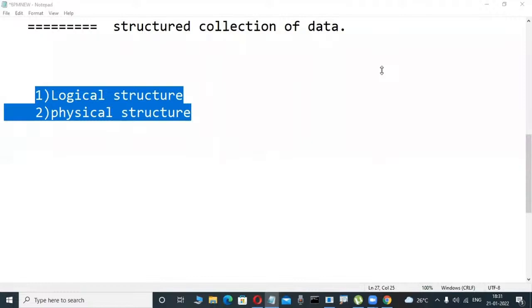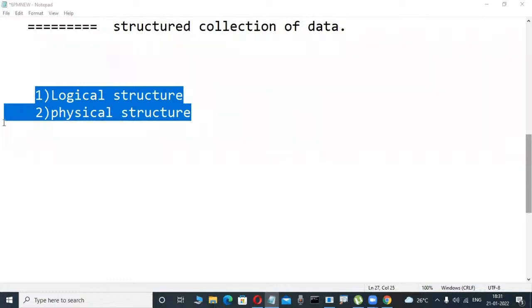And now here, yes, what is logical structure? What is physical structure? Anybody? Okay, some fellows are telling logical structure means logical structure, physical structure means physical structure only. No, don't tell like that. What is logical, what is physical, is very easy.